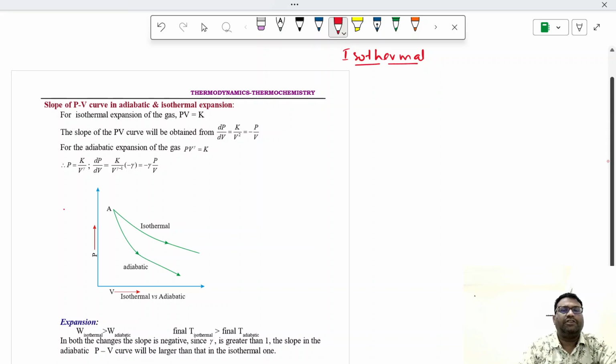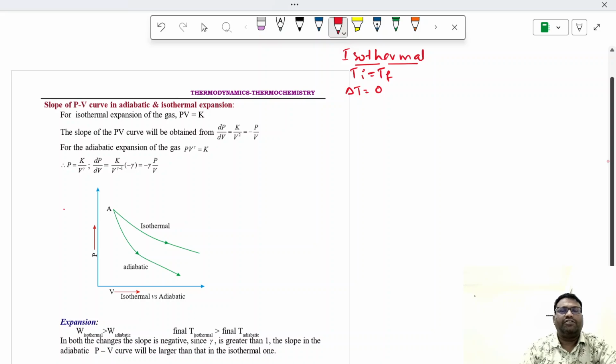Isothermal process means T initial is equal to T final, right? Delta T is equal to 0.